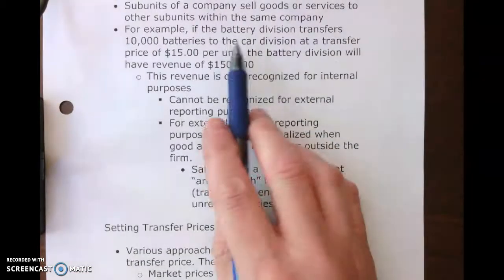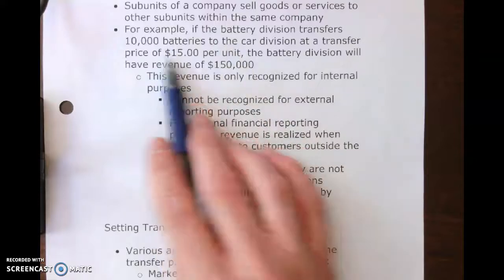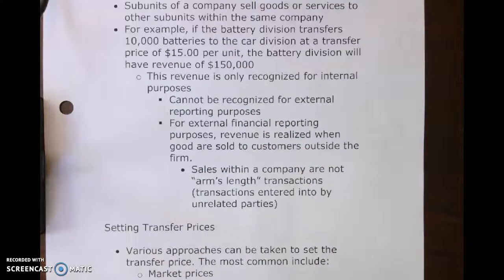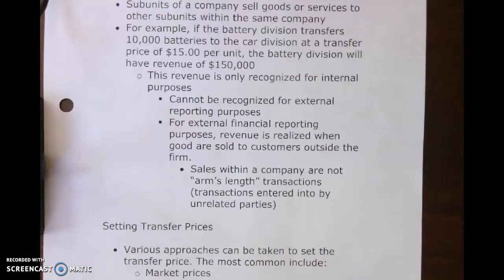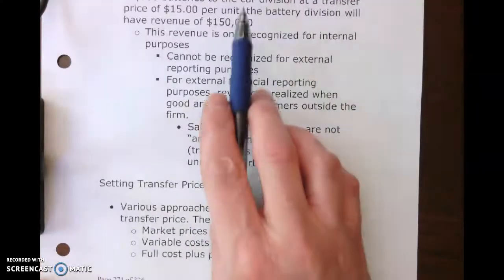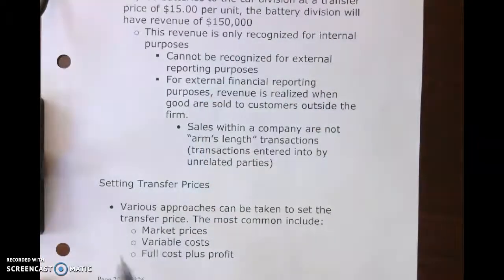So if this battery division could sell their batteries out on eBay or any external market for $15, then it only makes sense to charge the car division that market price. There's an external market for it. That's easy. But the problem comes in when there's not an external market for these batteries. In that case, we have to look at other options.